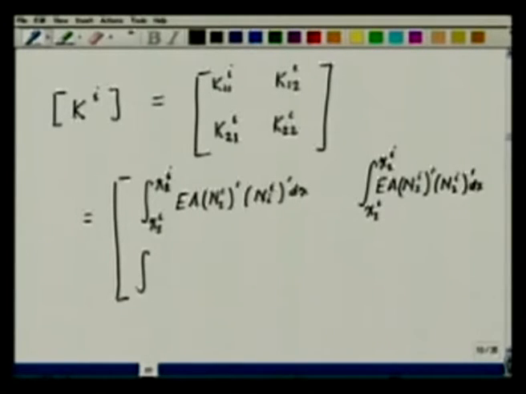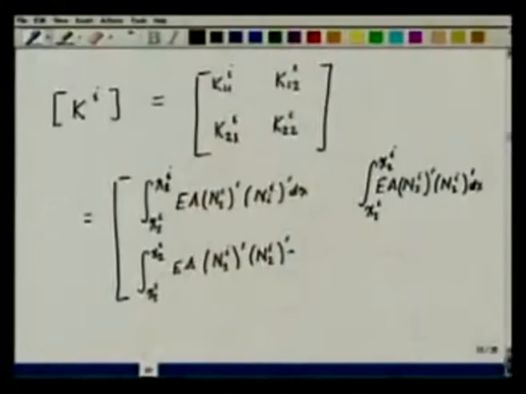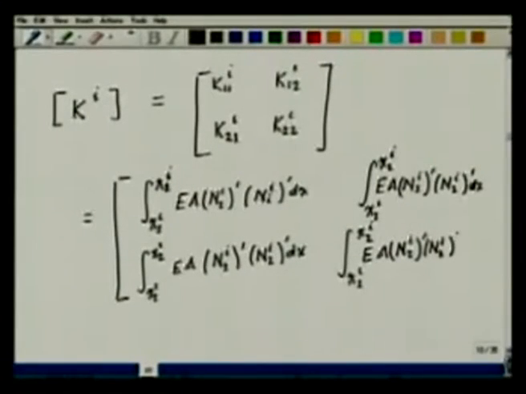The first entry of the second row will be the integral from x1I to x2I of EA n1I prime n2I prime dx, and the integral from x1I to x2I of EA n2I prime n2I prime dx.